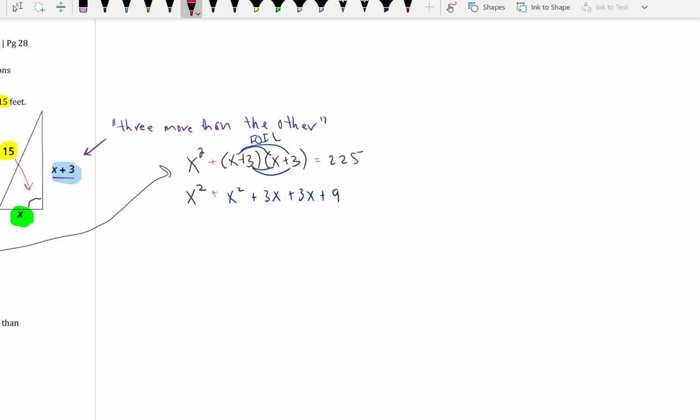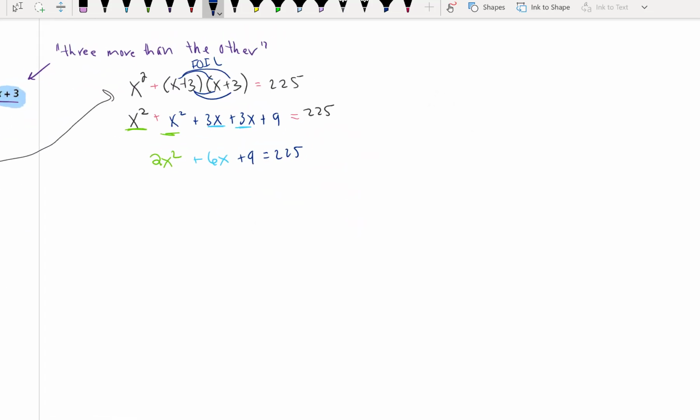And all of that was equal to your 225. So combining like terms, I have x squared and x squared, so that's 2x squared. You also have 3x and 3x, so 3 plus 3 gives you your 6x. And you still have your plus 9 is equal to 225.